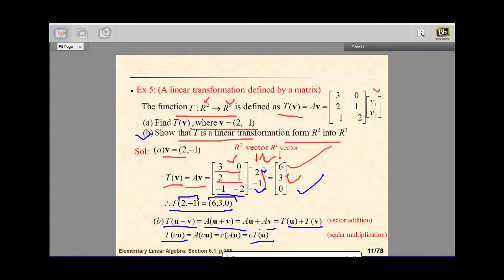The result will be in 3 dimension, R3. So R2 means you are talking about two spaces, and R3 means we are talking about three spaces. So that's why it is given as a transformation from R2 to R cube. So here we say that these are two vectors, v1 v2, and our result will be in 3 dimension, in 3 spaces. So that is why we say that.